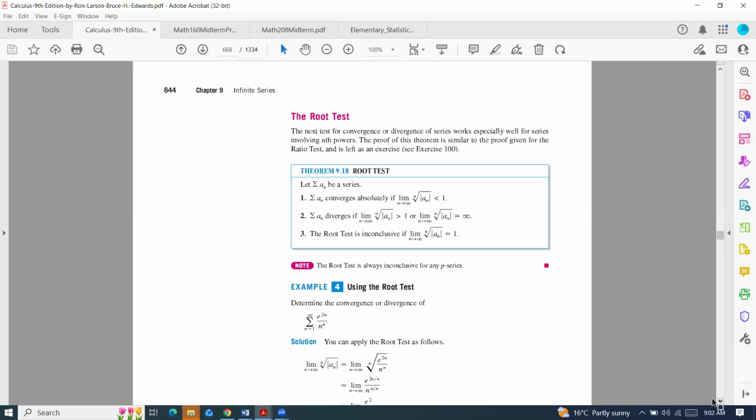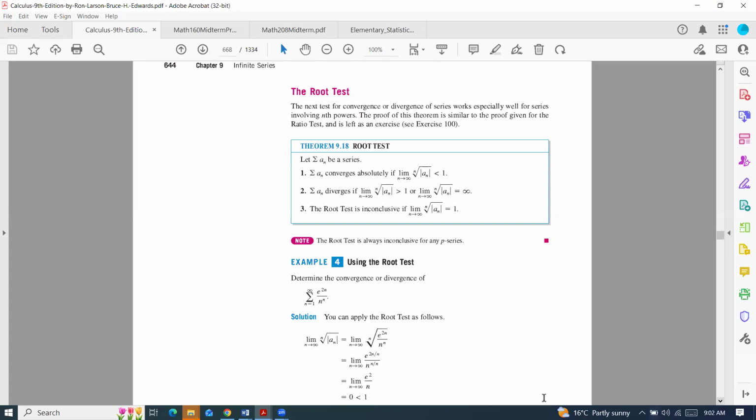So you're going to end up with e to the second over n, and when you take the limit of it, you'll be able to get some fixed number. And if that fixed number again is less than 1, you have absolute convergence, and if it is not less than 1, then we don't really get anything. So less than 1 is the key idea, and in this case, that limit is 0.